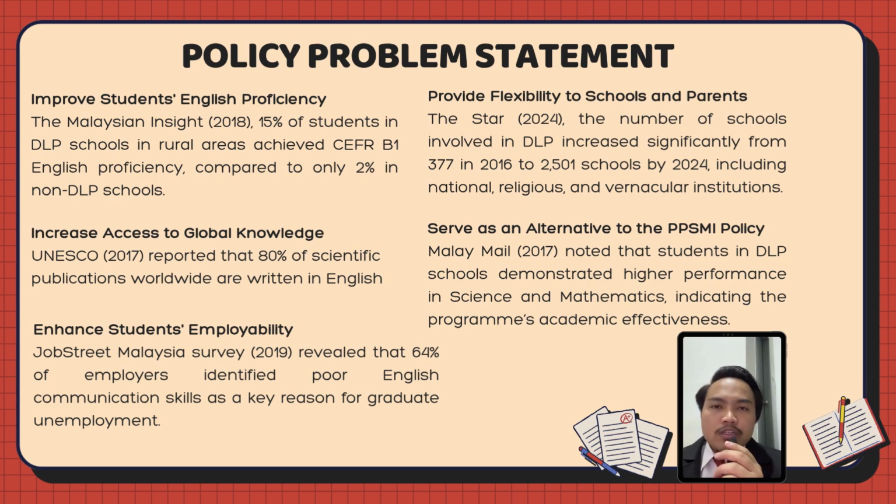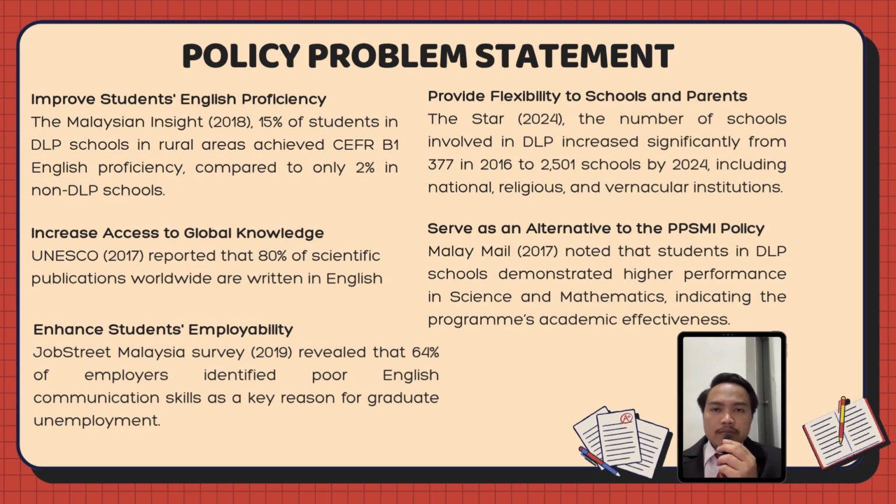UNESCO in 2017 reported that 80% of scientific publications worldwide are written in English, making it the primary language of science and technology. Through DLP, students can gain direct access to current global advancements, ensuring that they are not left behind in the international academic and research arena.